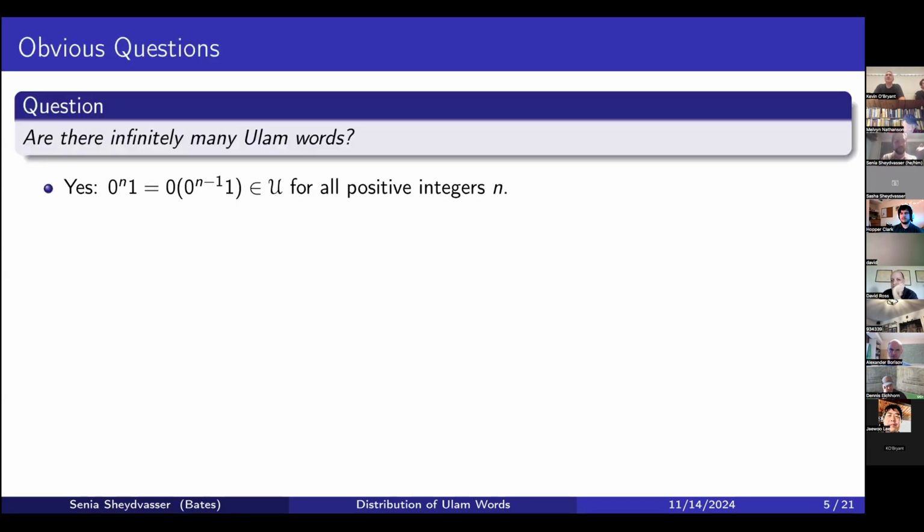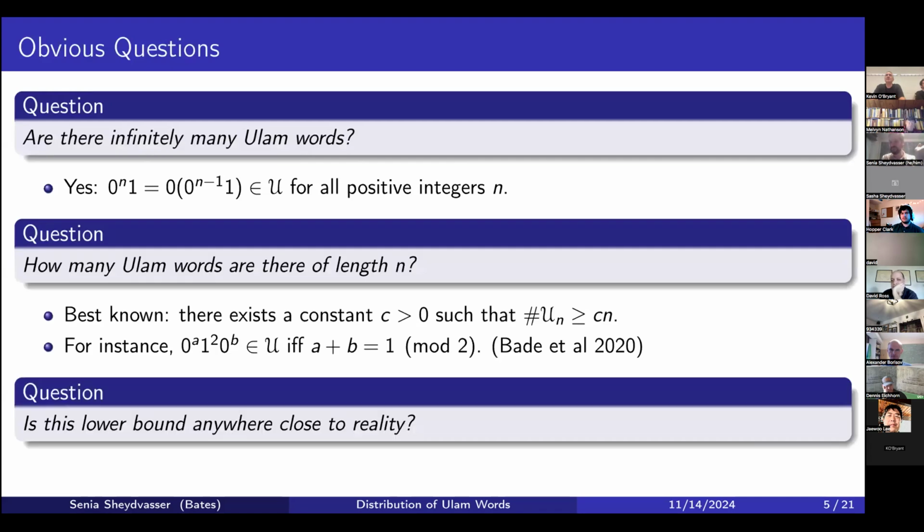Also, some things flip in difficulty, because for Ulam numbers, the commutative analog, our best known bound is an exponential upper bound, but the actual behavior is linear. Here, we have a linear lower bound, but the behavior is exponential.